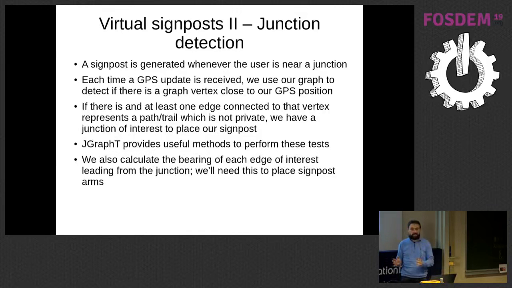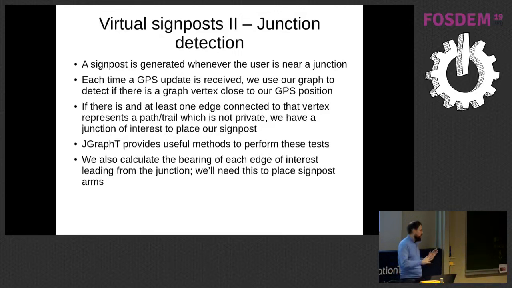JGraphT does have a number of useful API calls to do that, so that's relatively easy. And then if I am at a junction, I calculate the bearing, basically the azimuth, of each way radiating from the junction, each edge radiating from the junction, and I use that to place my signpost arms.